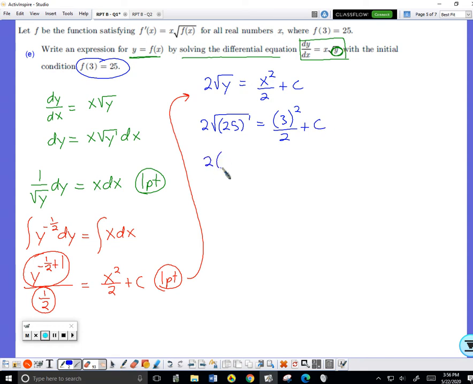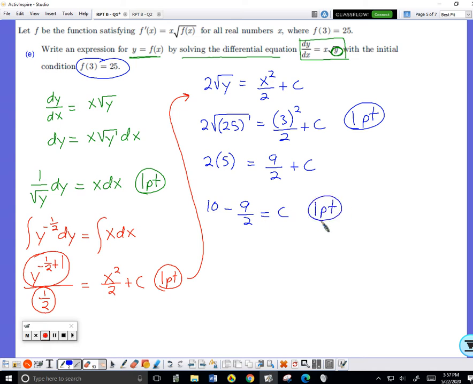This is 2 times 5. Right here you get a point for plugging in to solve for c. So I got 2 times 5 must equal 9 over 2 plus the constant. Therefore 10, subtract 9 halves is c. Get that far, you get another point.